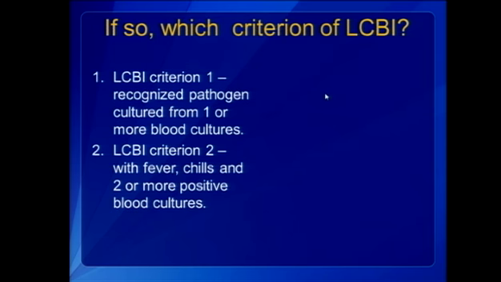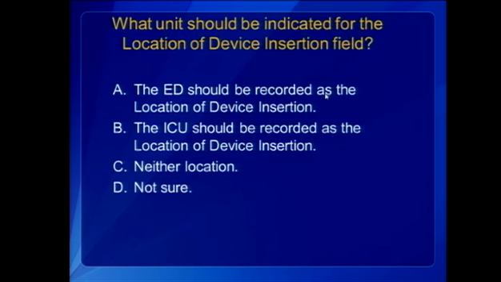Criterion 1, recognized pathogen, or criterion 2, 2 or more positive blood cultures with a common commensal and fever and chills. And the correct answer is number 1, criterion 1, because the patient had Pseudomonas aeruginosa.